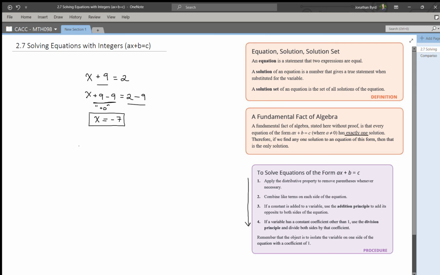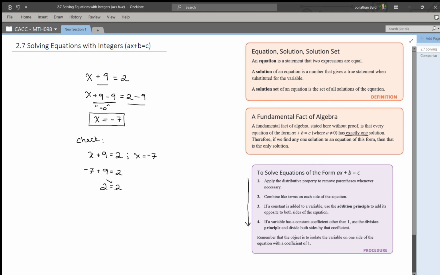Remember I said that a statement's true and I could substitute in to check that. So if I perform a little check here and say, if I have x plus 9 equals 2, and I plug in x equals negative 7 to try, I get negative 7 plus 9 equals 2. And when I take 9 and subtract 7 from it, or take negative 7 and add 9 to it, either way you want to look at it, I get 2 equals 2.